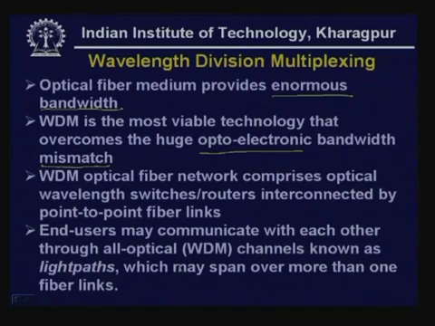And a wavelength division multiplexing optical fiber network comprises optical wavelength switches or routers interconnected by point to point fiber links. Later on we shall discuss it, and end users may communicate with each other through all optical wavelength division multiplexing channels, which are known as light paths, which may span more than one fiber link.